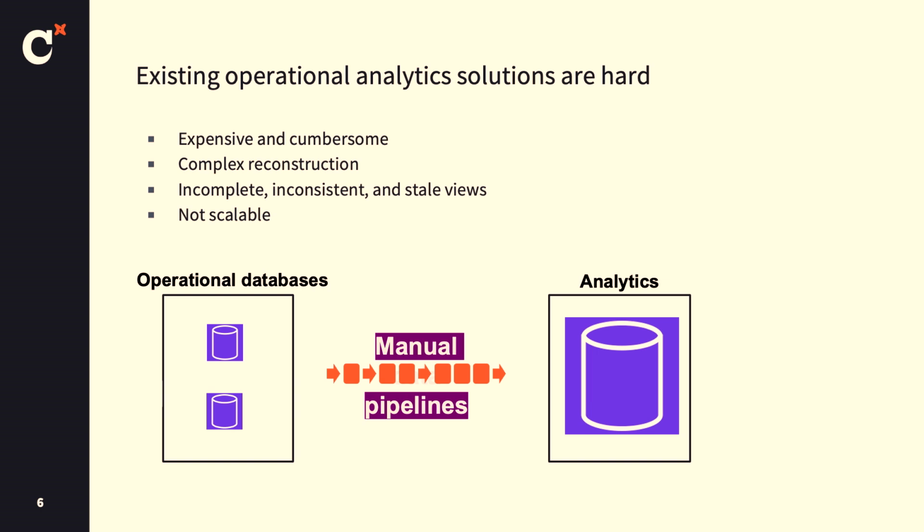Also, if something changes on the source database schema, reconstructing that on the analytics side can be pretty hard and requires a lot of manual work. And the other part is that these pipelines can be fragile. If something breaks, then on the receiving end, business users get incomplete, inconsistent, and stale views.